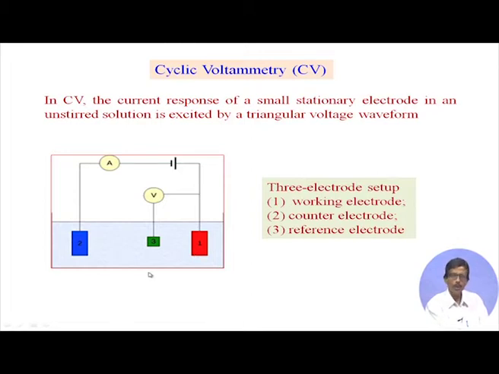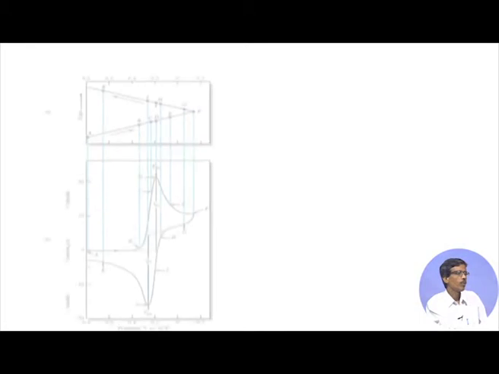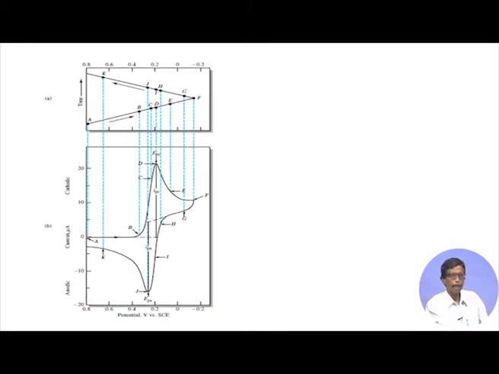So, all 3 electrodes are inserted within the solution, which is electroactive in nature, and you have 2 electrical circuits. So, 3 electrodes and 2 electrical circuits you require. One circuit is measuring your potential, that means the voltage V, and another circuit is measuring your current A or I.